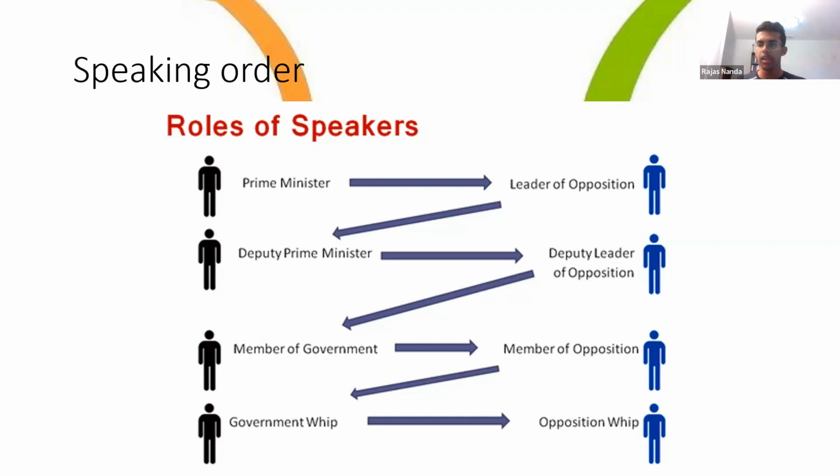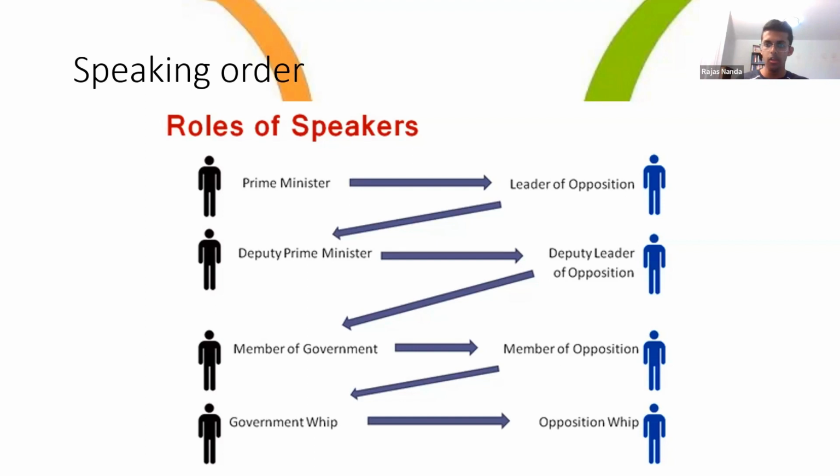Leader of Opposition can give a bit. They have one person to rebut, but they don't have too much to rebut, and so they spend a very small amount of their time on that. But someone like the Deputy Leader of Opposition would spend a decent amount of their speech rebutting both the Prime Minister and Deputy Prime Minister. So I hope that's relatively intuitive and it should make sense.